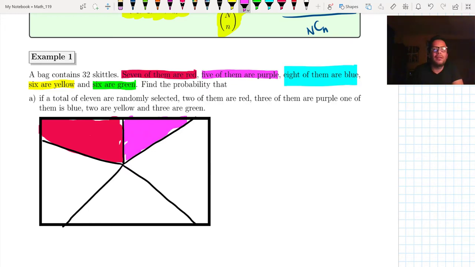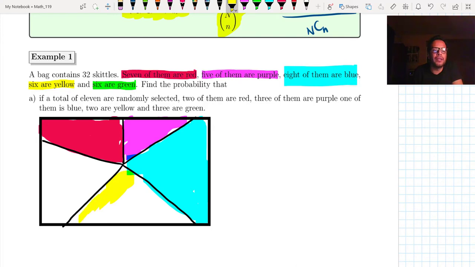And then with blue, I'm going to highlight this region right here, and yellow for this region right here.